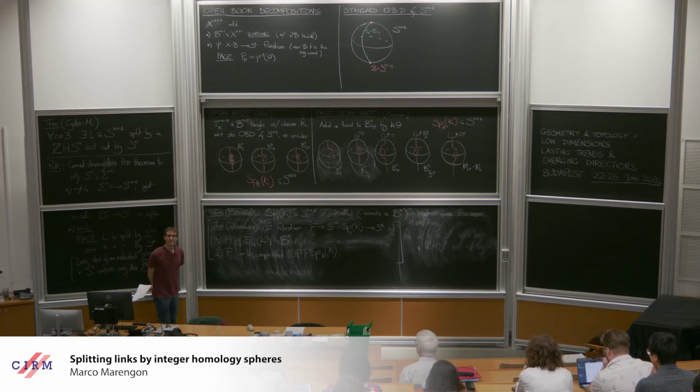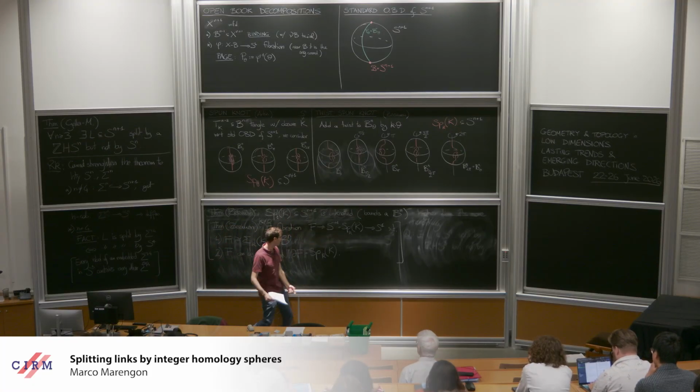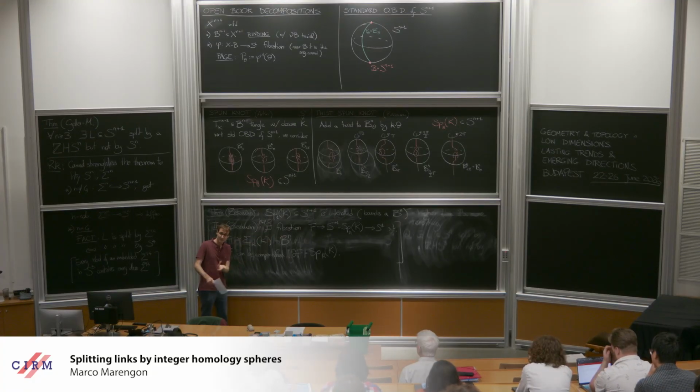So yes, ideally you would have a much cleaner statement, that there is another open book decomposition of S^{n+1} with binding the k-twist span knot and with page exactly this. Except that the S^1 action that gives you the fibration also acts on what would be the binding. It doesn't fix what would be the binding, and it's not a free action either.